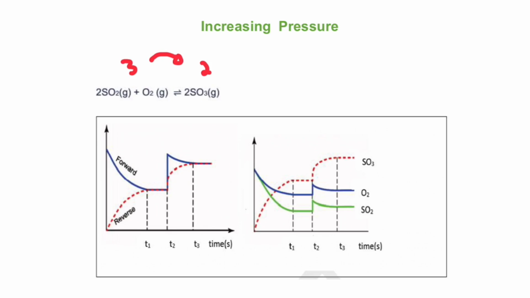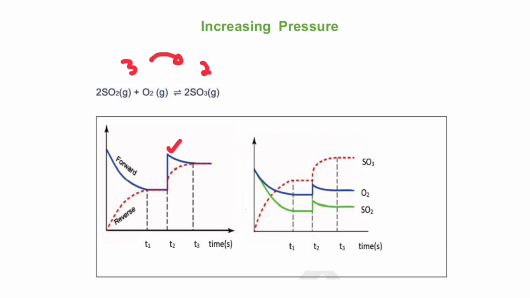So clearly, the forward reaction is favored more than the reverse, because at time T2, you can see that the forward reaction shoots up, but the reverse reaction also goes up, which is in line with collision theory, right? Collision theory and Le Chatelier's principle are equally important, but our reactions are able to satisfy both, because clearly there's been an increase in pressure.